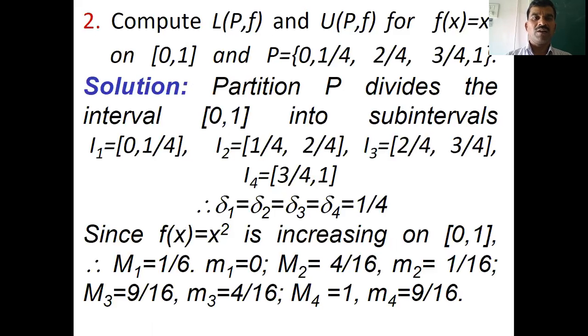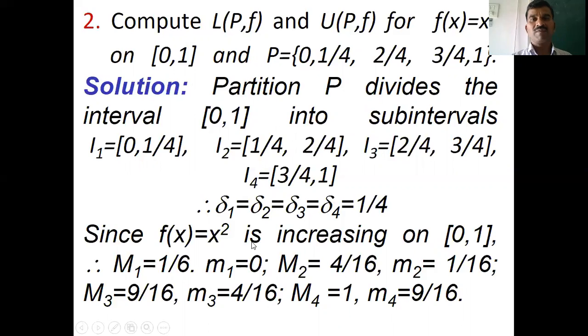Next we shall move to the next problem, taking the function x square in the interval [0, 1] with divisions here. We have 5 division points, so we get 4 subintervals I1, I2, I3, I4, each of equal length.